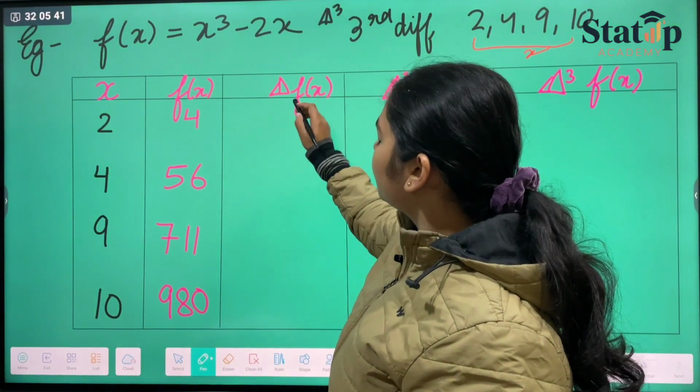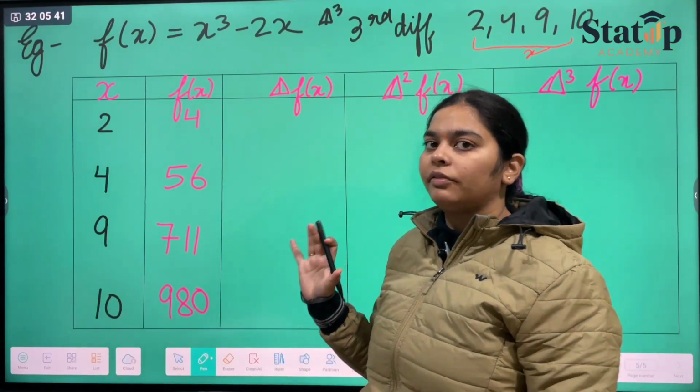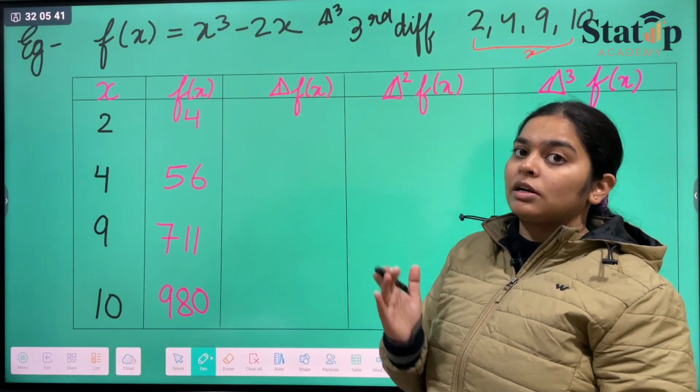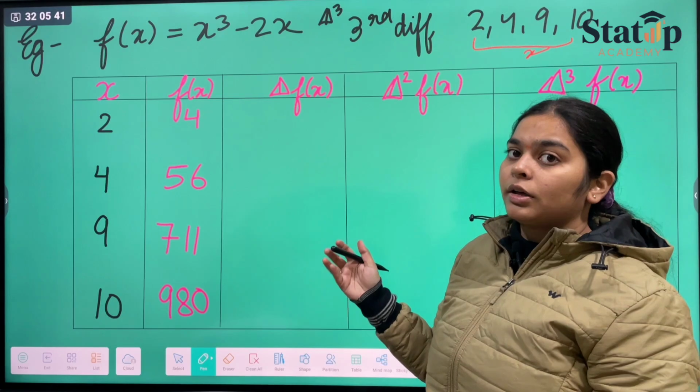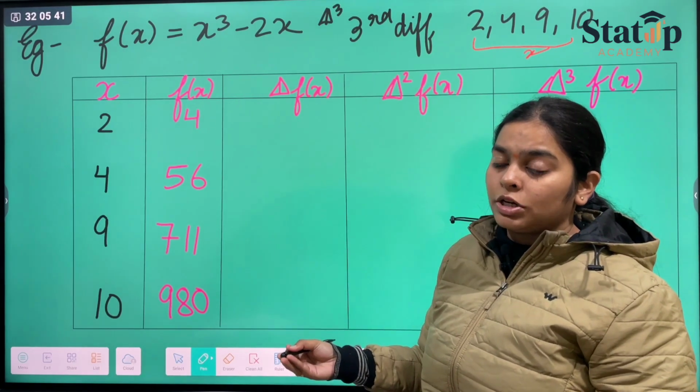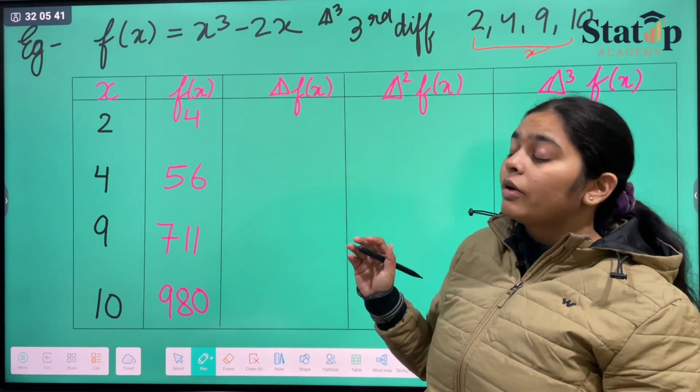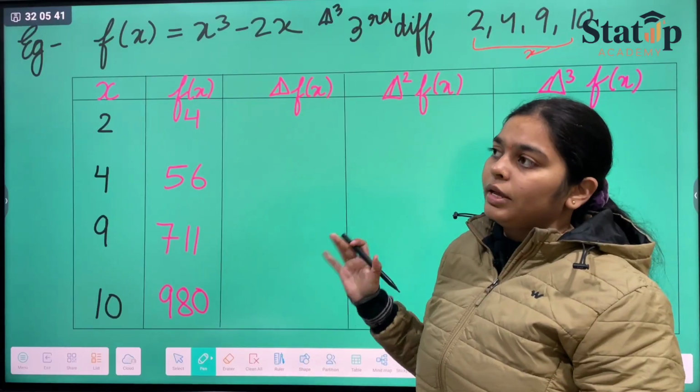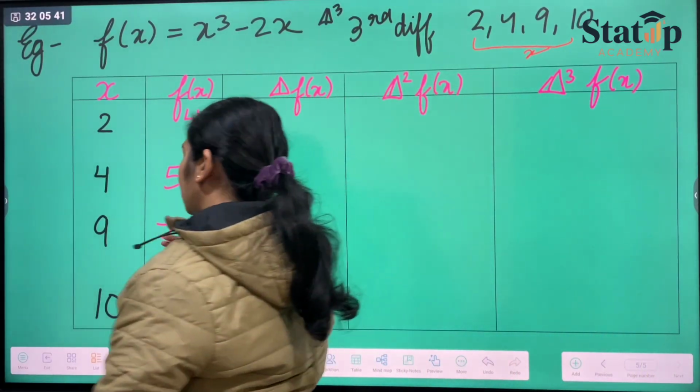Okay. Now the first difference. Because we are calculating divided differences, most of you will get confused here between Newton-Gregory's interpolation formula and divided differences. We have to divide also in this, that's why it is named divided.